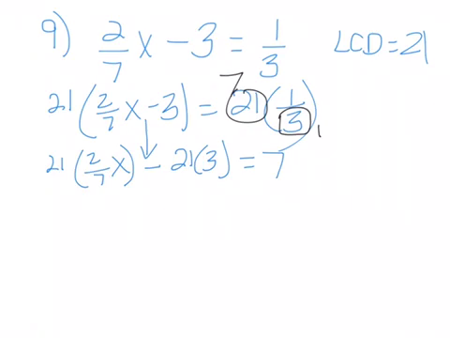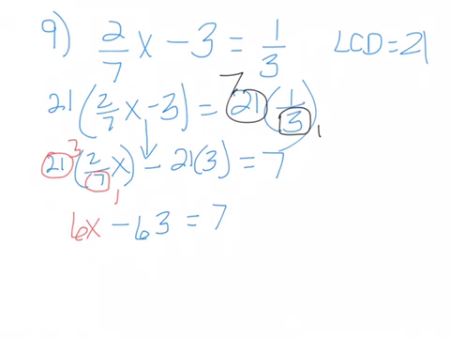So let's finish simplifying. 21 times 2/7. 7 will go into 7 once and into 21 3 times, so that's 3 times 2x is 6x. Minus 21 times 3 is 63. And that's equal to 7.